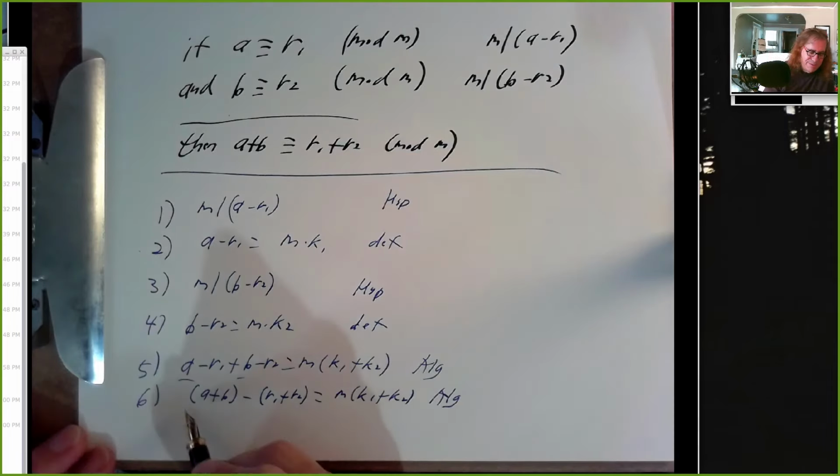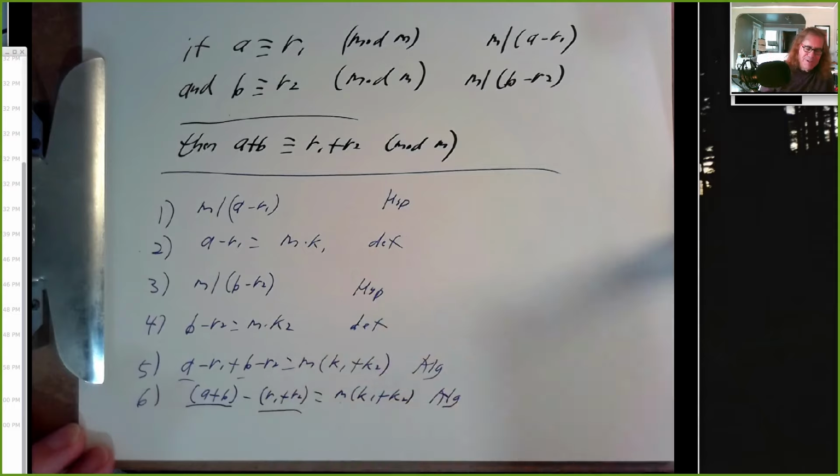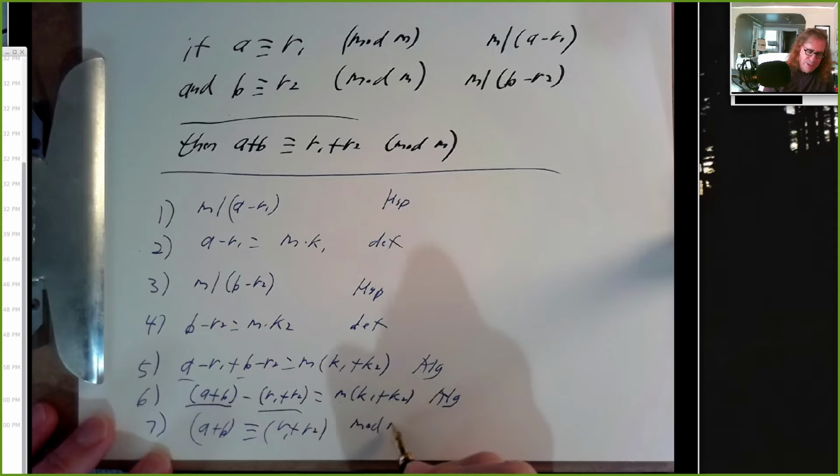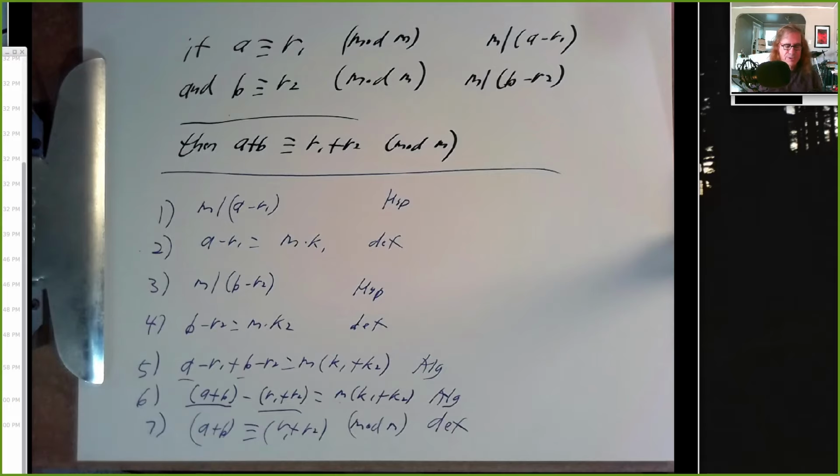Well, now I have two things whose difference is a multiple of m. And by definition, that means A plus B is congruent to R1 plus R2 modulo m, and that's just the definition of congruence. So there's our QED.